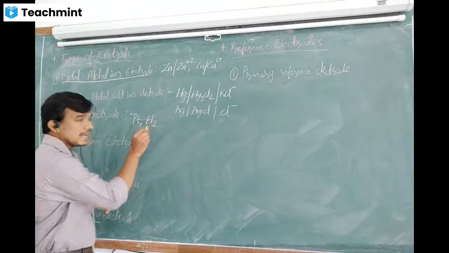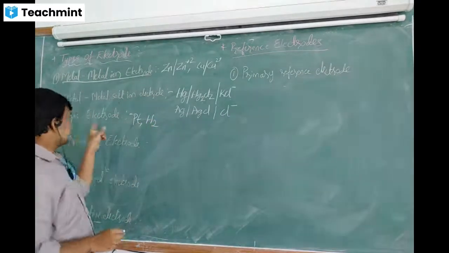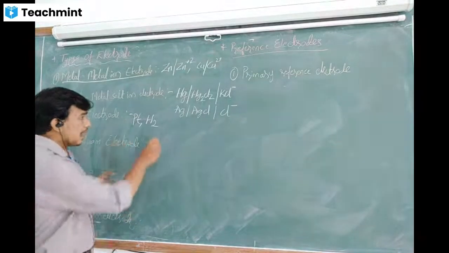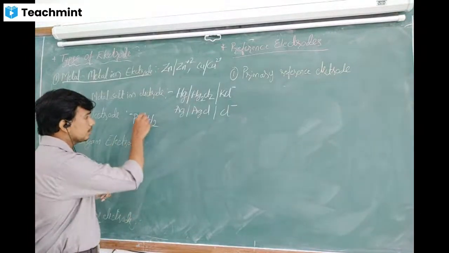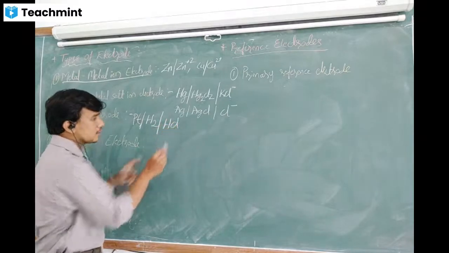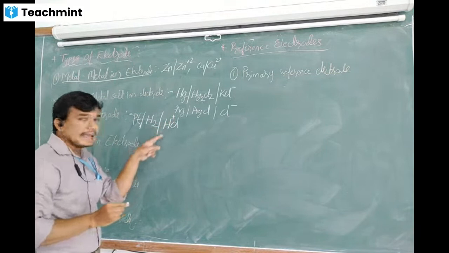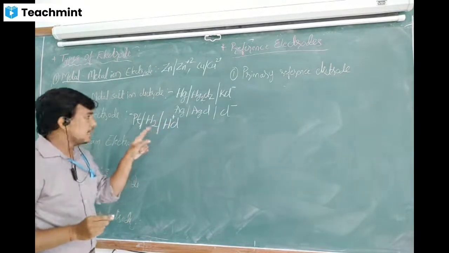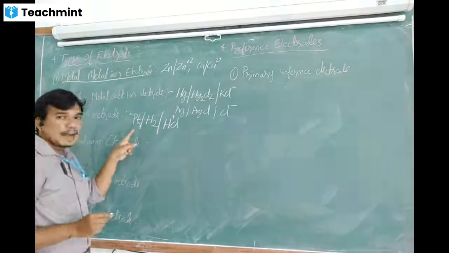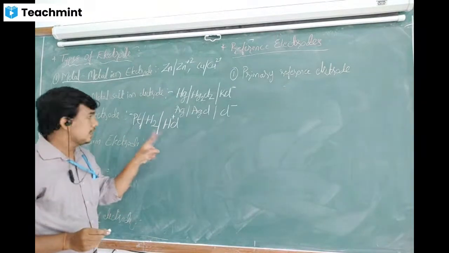Here, which gas do we take? Hydrogen gas is an example for the gas electrode, with the ionic solution of the gas molecule. So here the ionic solution is H+ ion. If we take chlorine, then platinum, chlorine gas and chloride ions.